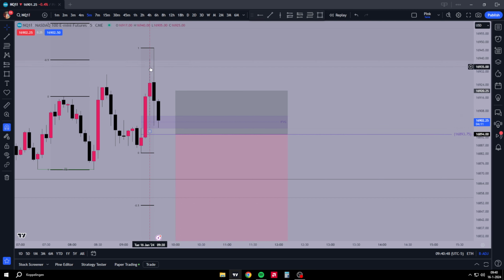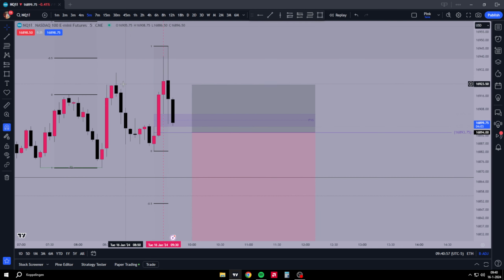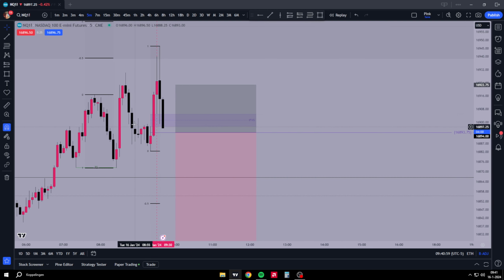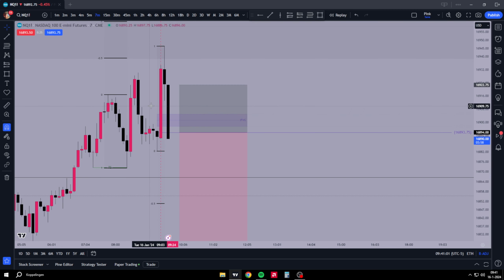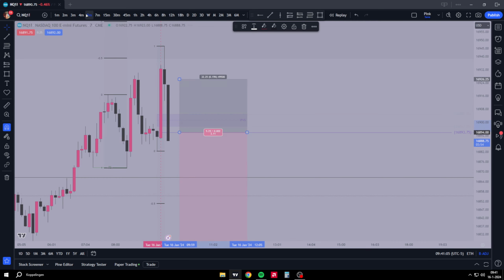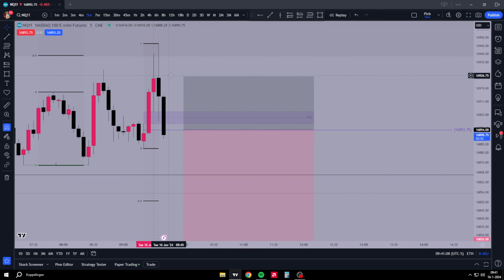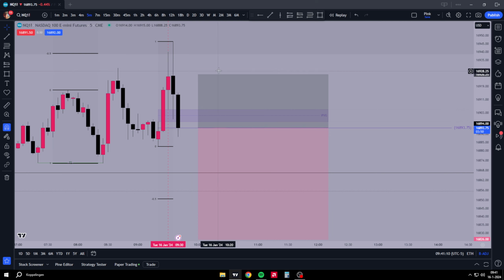My stop wouldn't be above here, it would be above this Reaper, somewhere around here. Oh, there's actually a high right up there, so right up here, that's our Reaper. Safe stop. Yeah, right. This looks like it's gonna do something.